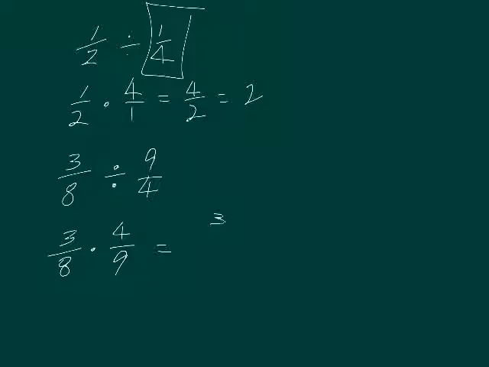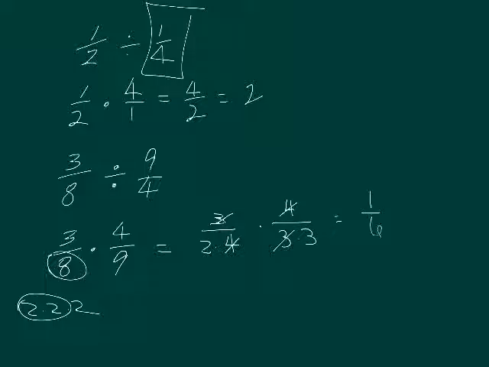So 3 over, and what I'm going to do here is 8 is actually 2 times 2 times 2, but if I put these two together and have 4, I can cancel with this 4. So I'm just going to leave it as 2 times 4. I'm not going to reduce it all the way to the primes. And then I'll leave this 4, and then I'll reduce this all the way. And I can cancel that, and that, and that, and that, and end up with 1 over 6.